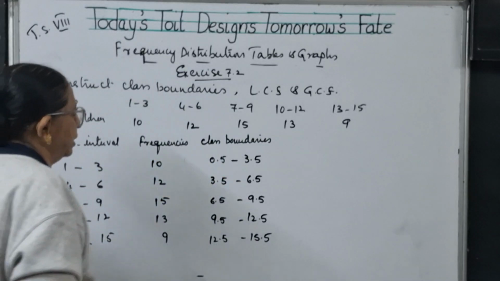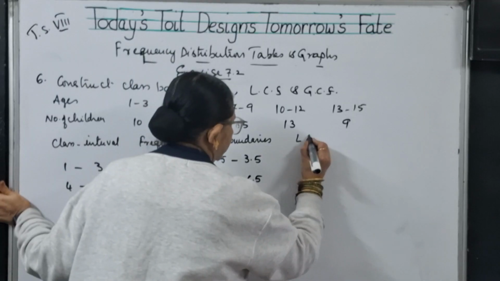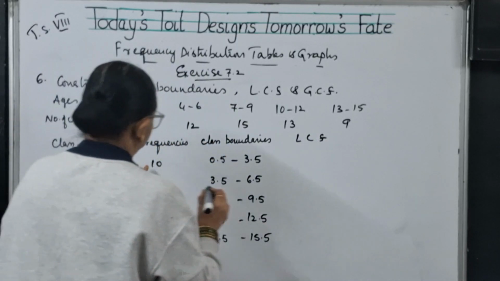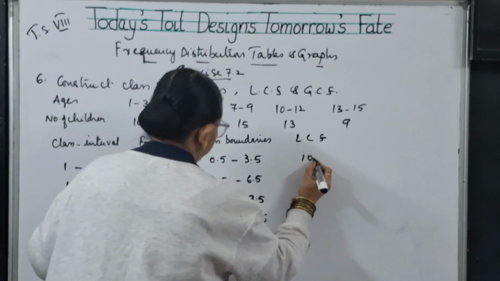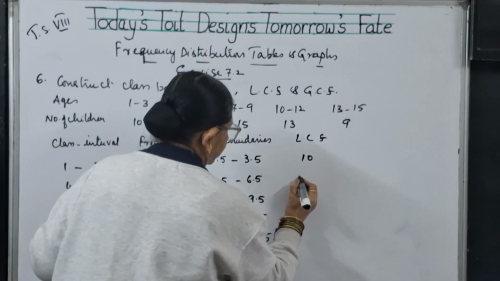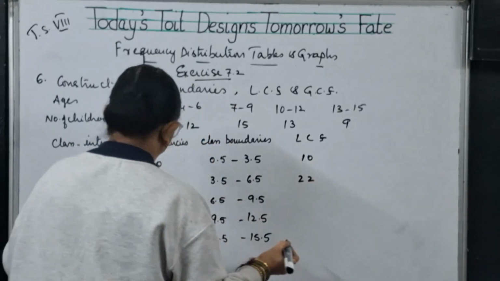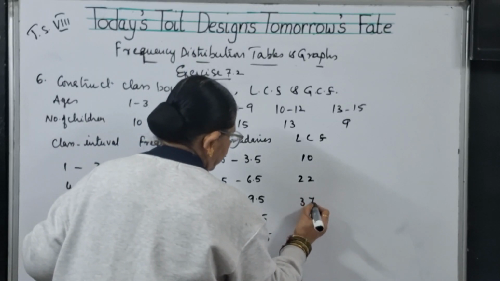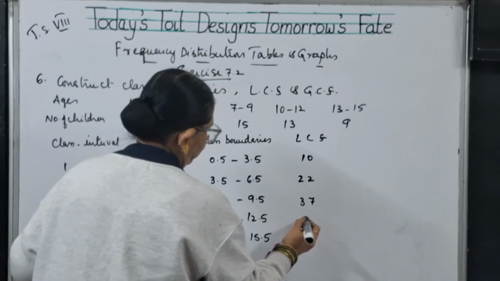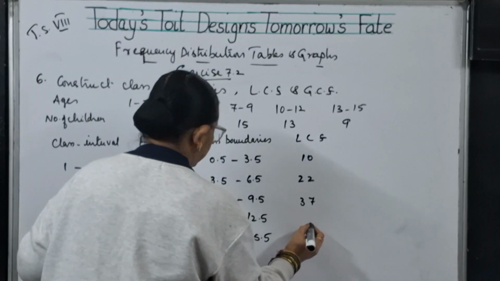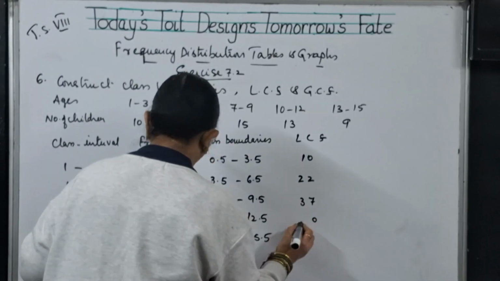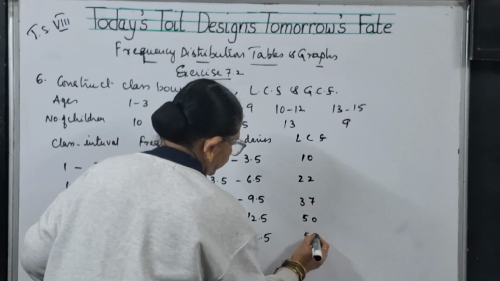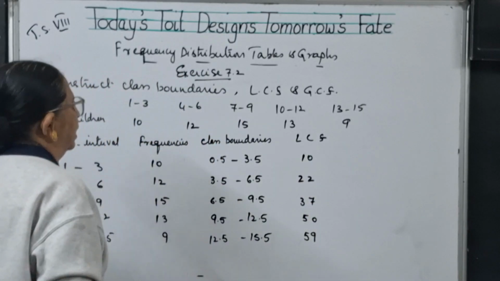Now, we need to find the less than cumulative frequency. So, the least value is this, 10. 10 plus 12, 22. 22 plus 15, 37. 37 plus 13, 50. 50 plus 9, 59.